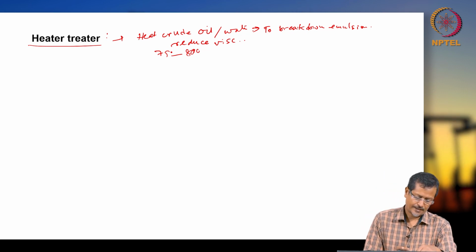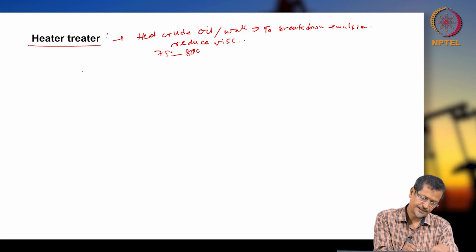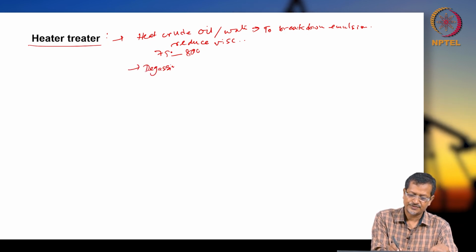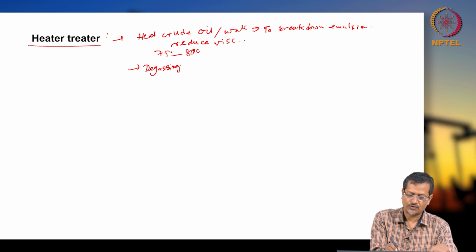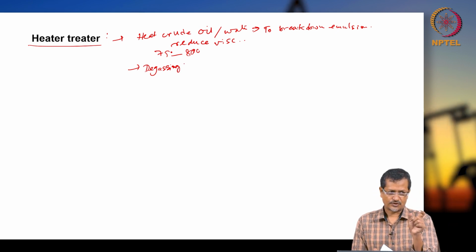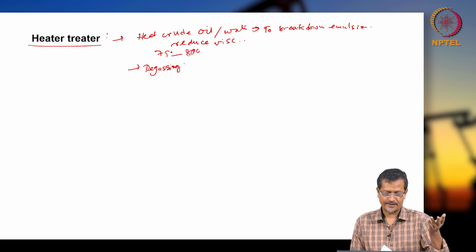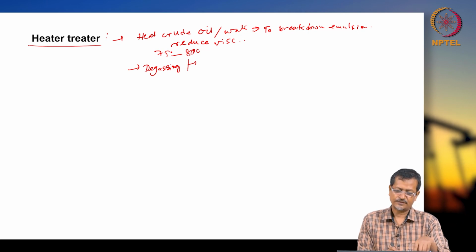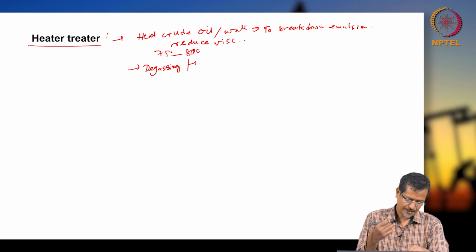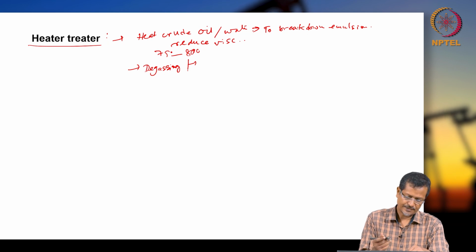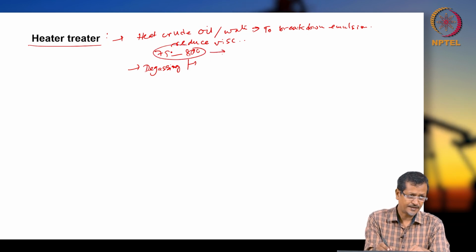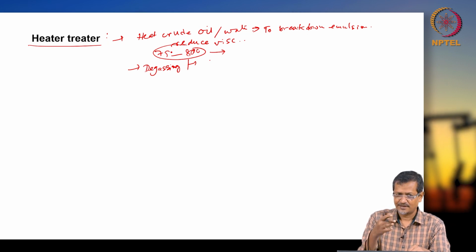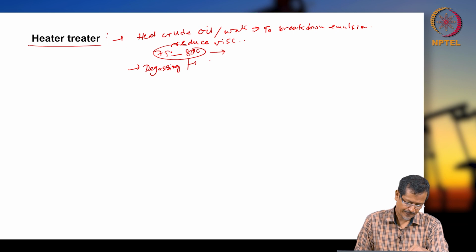The heater treater basically does degassing also. When temperature increases, low density, low molecular weight or short chain hydrocarbons evaporate quickly, so they separate. The temperature you apply depends on viscosity, because of how much viscosity is already there and how much you want to change.